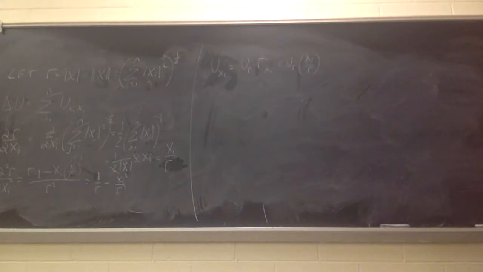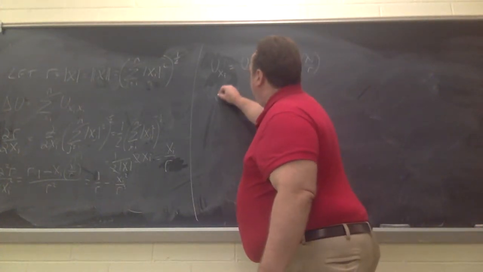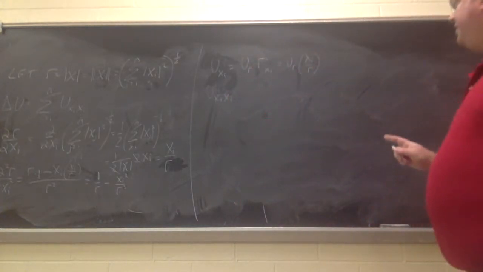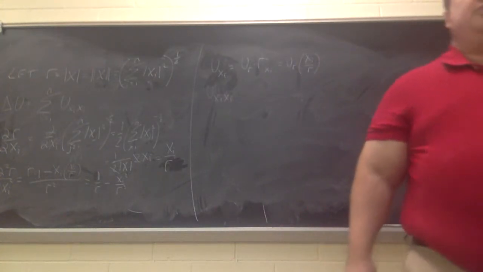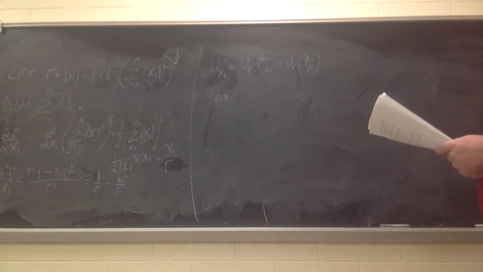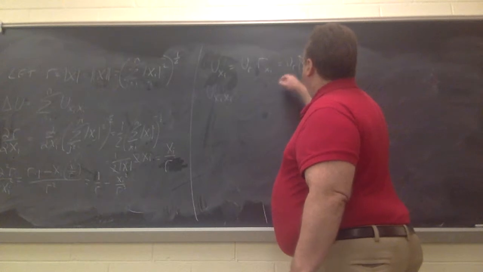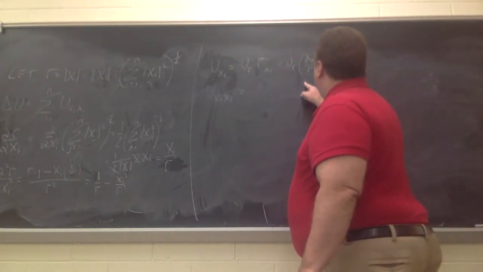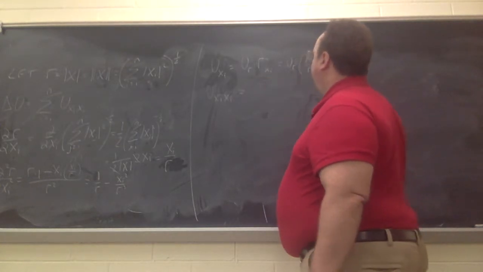Now, what I really need is not that. I need the second partial derivative with respect to xi. But I can get that by differentiating this once with respect to xi. So by product rule, actually I'll use this, that's going to be easier.